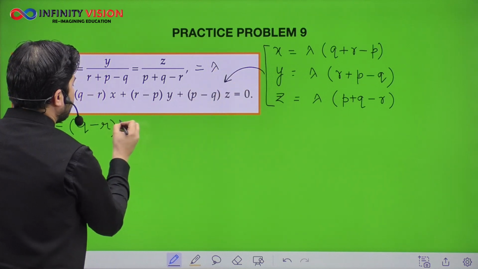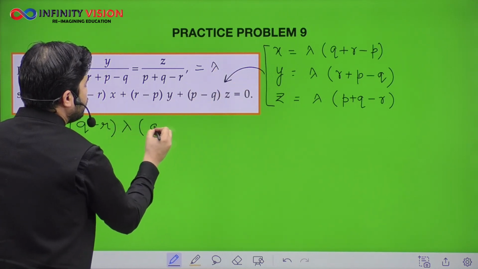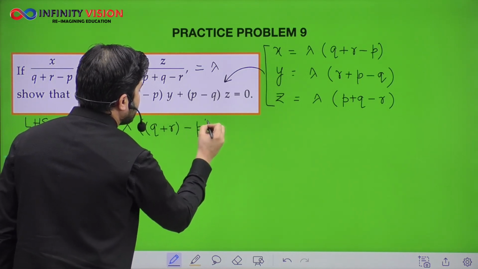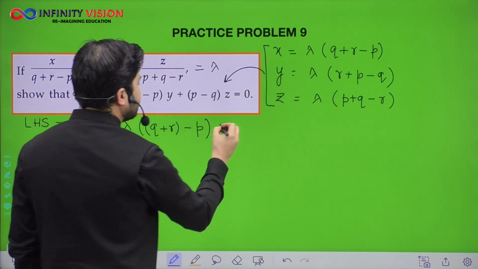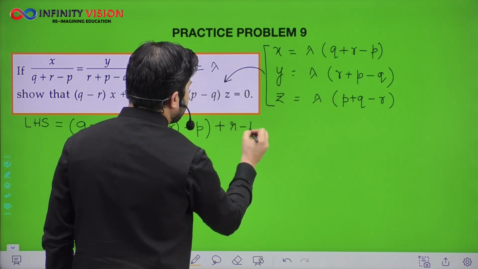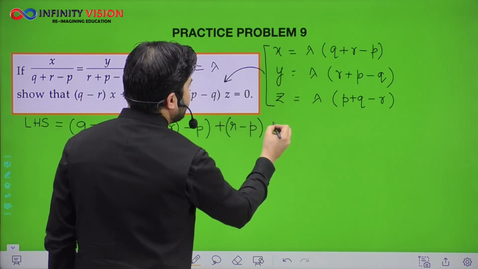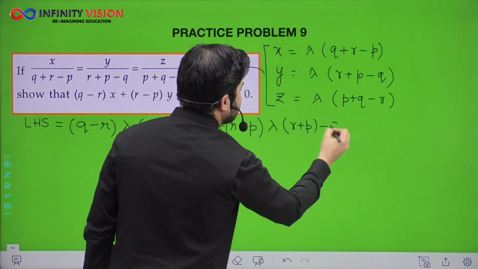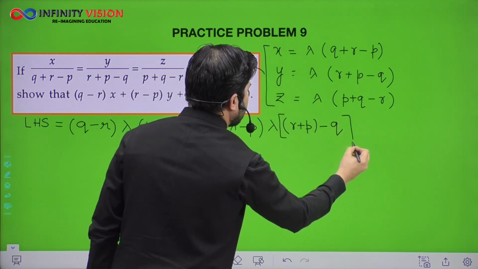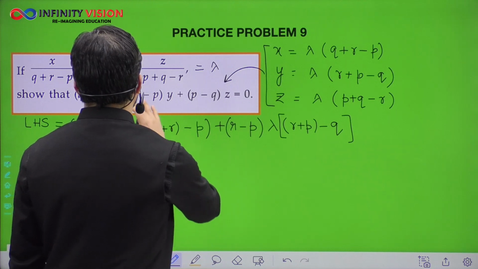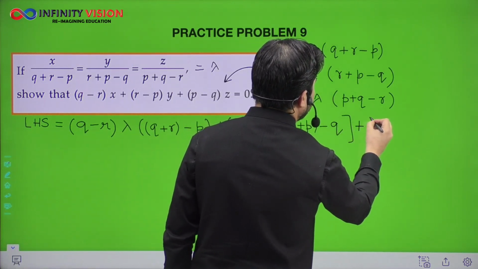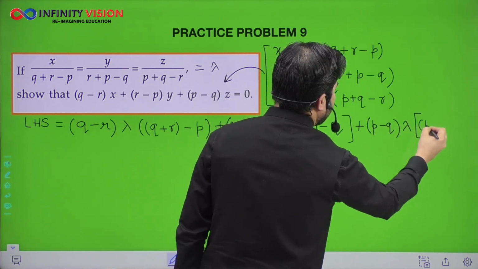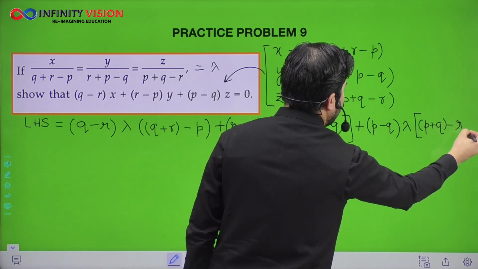Now x can be replaced by lambda into q plus r minus p, and the second term of the expression is r minus p, and y I'll be writing lambda into r plus p minus q, and the third term is p minus q into z, and z would be nothing but lambda into p plus q minus r.